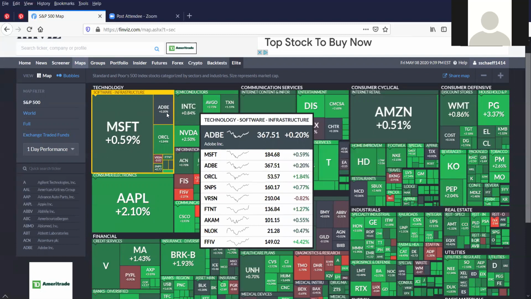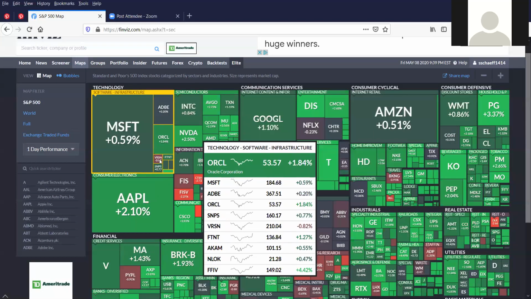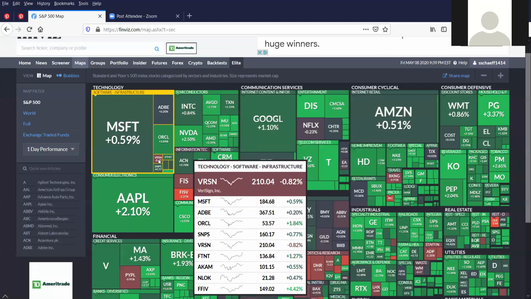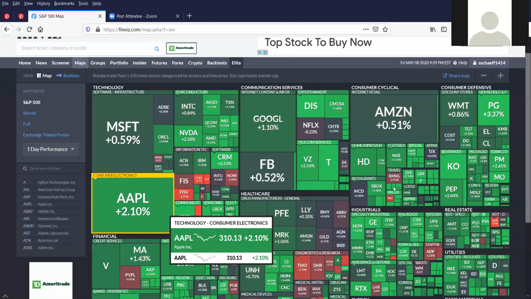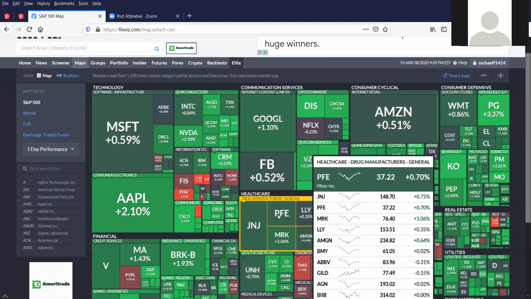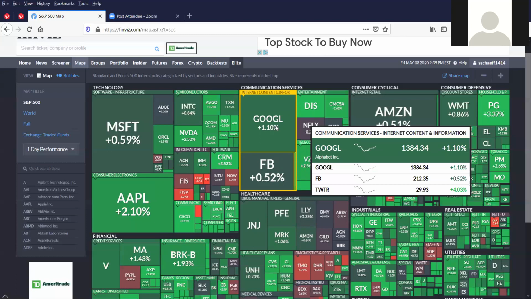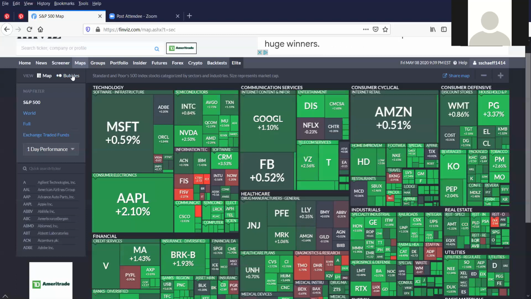So Adobe was up 0.2%, Oracle was up 1.8%, but VeriSign all the way over here in red, it was down pretty much 0.4%, but Apple was up 2%. And you can hover over any of these stock tickers, and you can find out a little about Google.